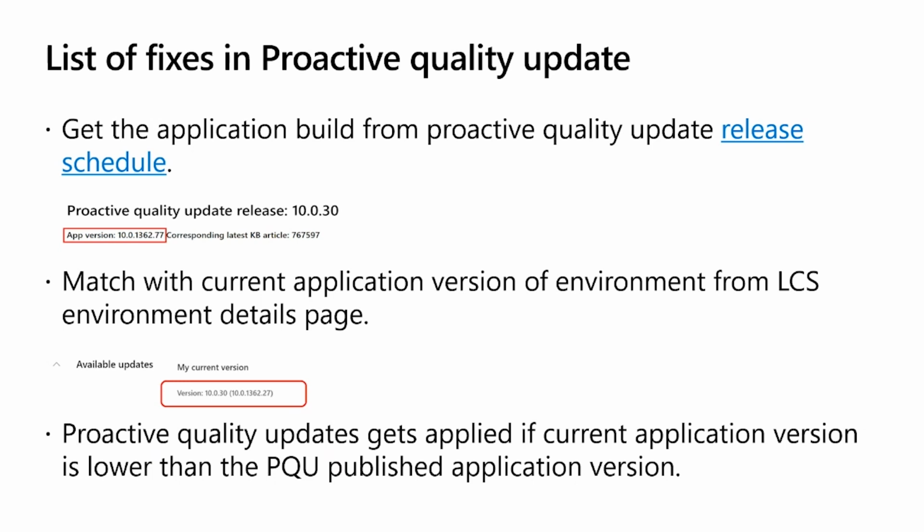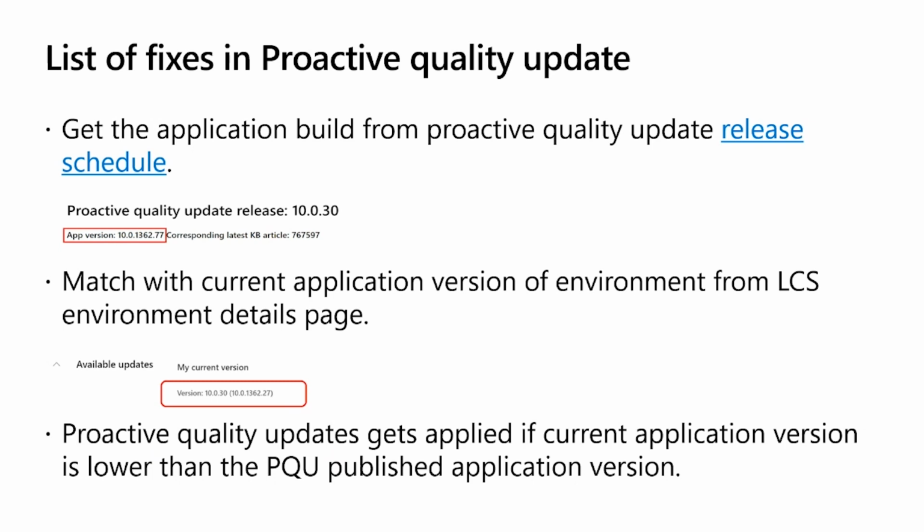In this case, for example, we have published for 10.0.30 that the app version is 10.0.1362.77. With the service update, the first three numerics will be constant, but the last one, .77, keeps on changing based on what fixes we release for that service update. So in this example, it's .77.